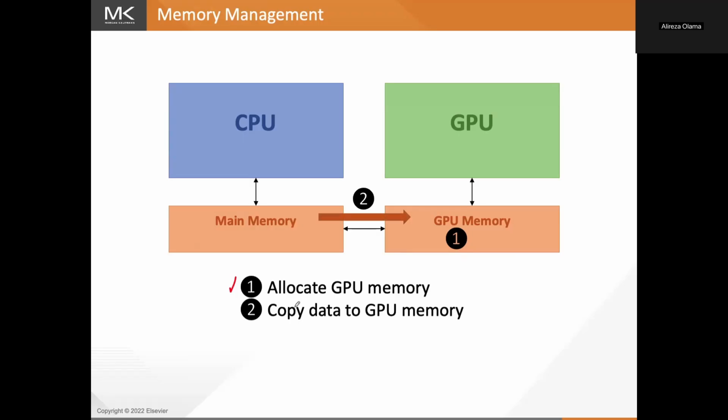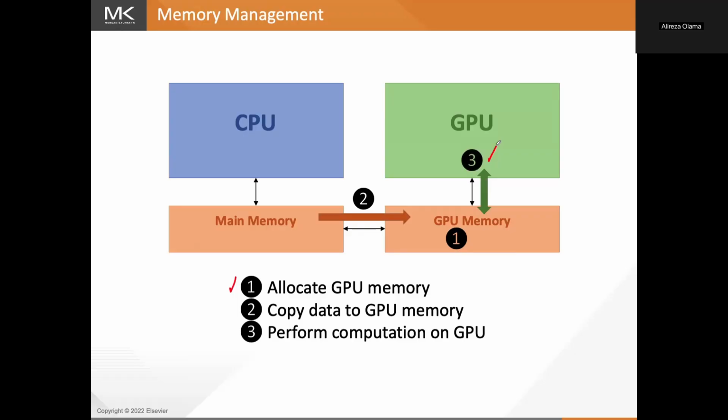Then the next step is to copy data from the host memory to the GPU memory, right? So you allocated data on the GPU memory, then you have to move the data, or basically copy the data, from the host memory to the GPU memory. Then you perform the computations on the GPU, right?